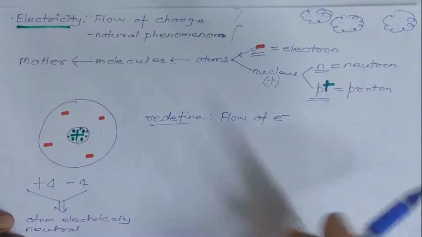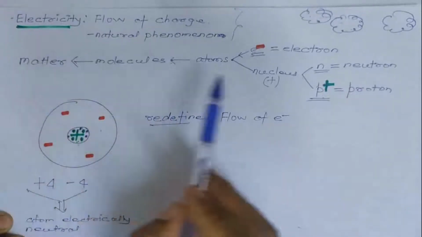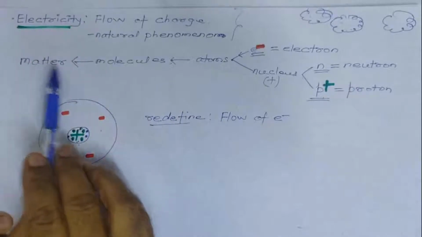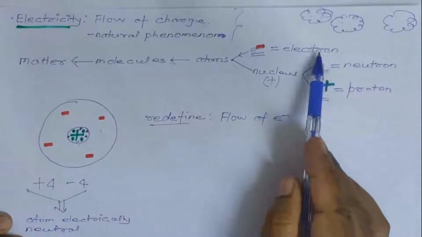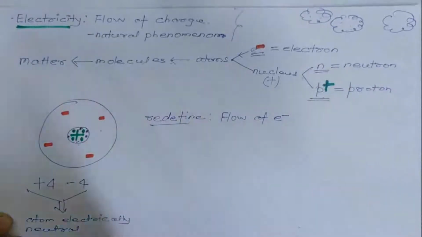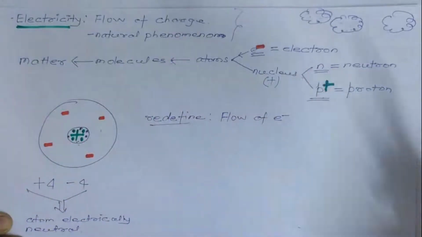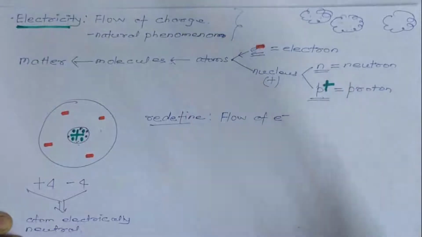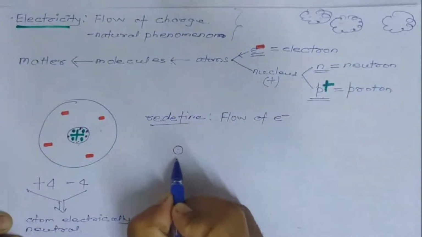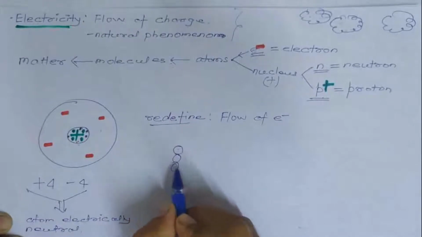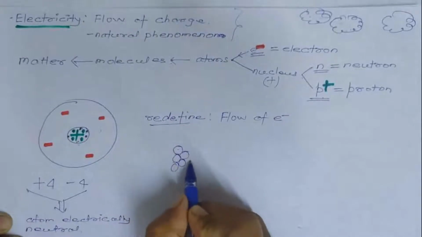Now we know that matter is made up of molecules, which in turn are made up of atoms, which in turn are made up of electrons, protons, and neutrons. So from the charge perspective, we can say they are made up of electrons and protons. Now let us represent a piece of matter here.